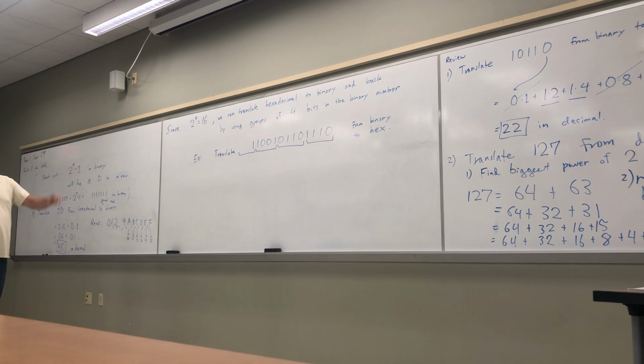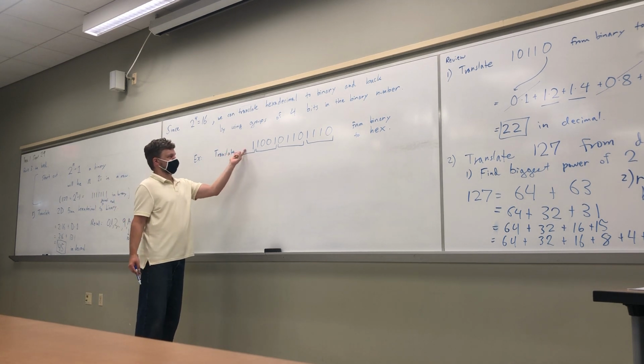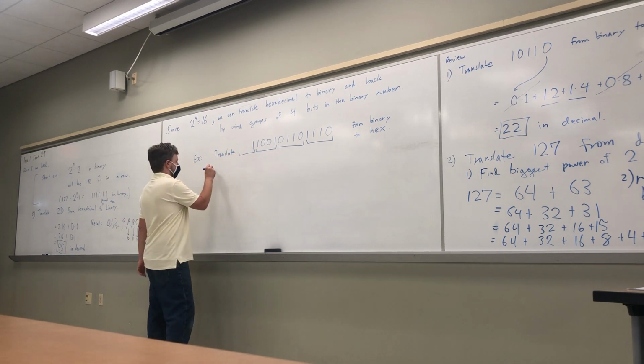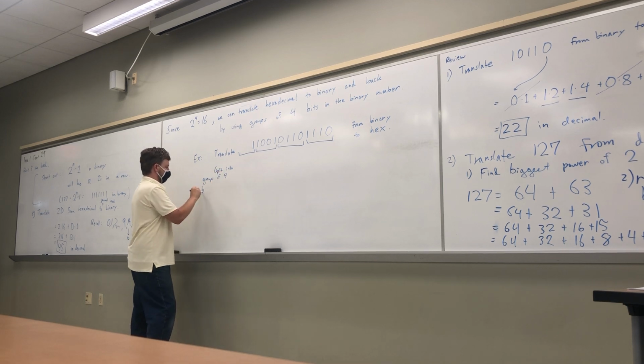So you might have some leading zeros. You can just fill these in with zeros if you want. This could be like 0, 0, 0, 1. So split into groups of 4 bits, starting at the right.